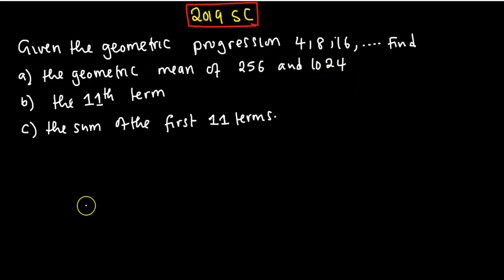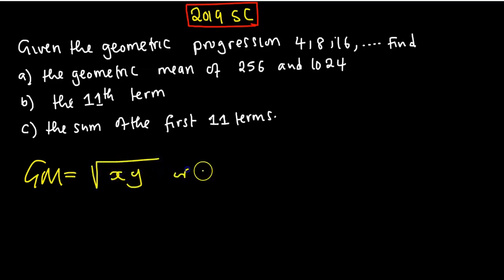How do you find the geometric mean? So for the geometric mean, let us say GM for geometric mean is equal to what? You can put up the formula: square root of X multiplied by Y, or you can say A multiplied by C.